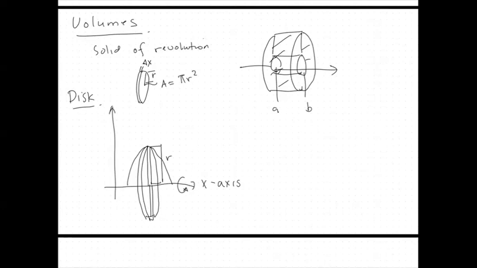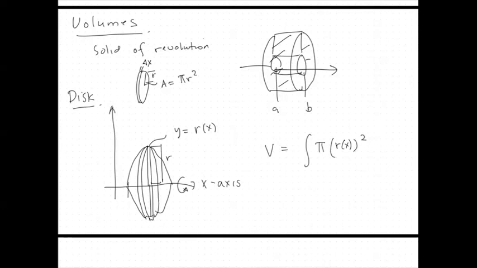We know that area is pi r squared, so the volume of the solid is pi, and then r squared, where r is in terms of this function. Let me write this as function r, to emphasize radius.